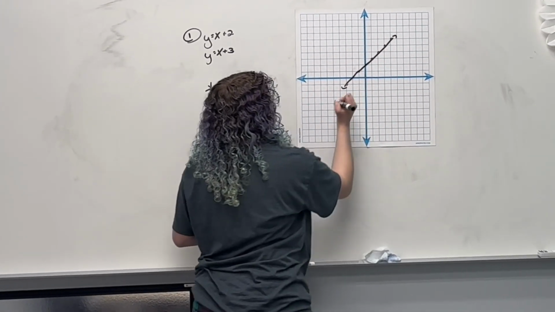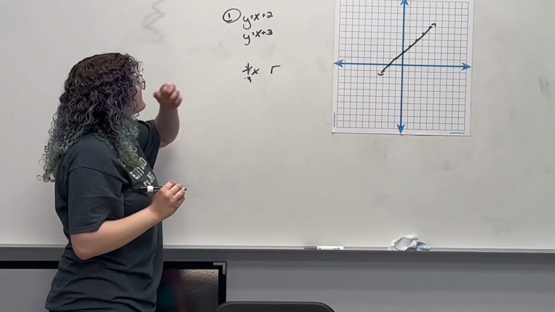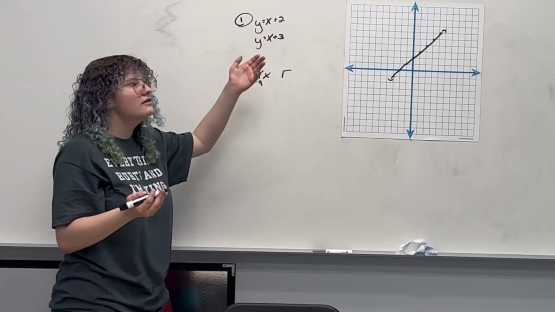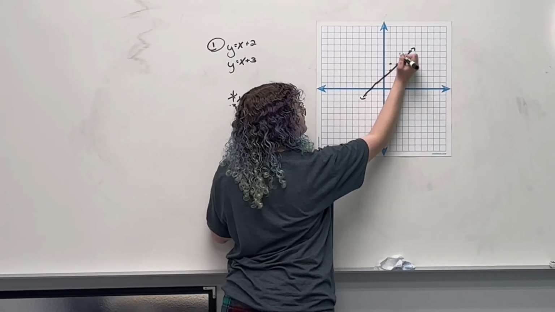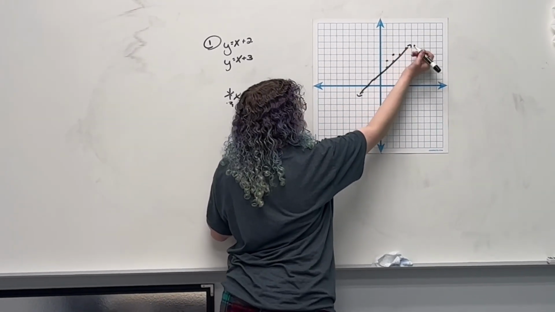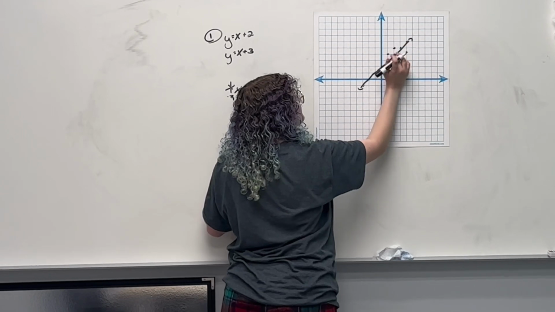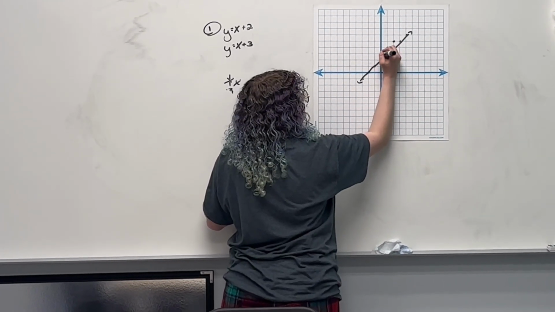That line's really uneven, my apologies. And then this one you do the same thing, just you'll start at 3. So you go to 3 and then go up 1 over 1. You don't have to go up much because you can tell it's not going to intercept up there. You go down, so you go down 1 over 1.